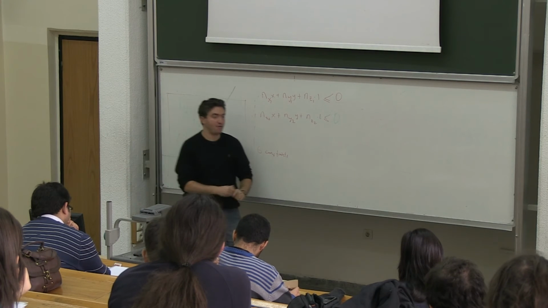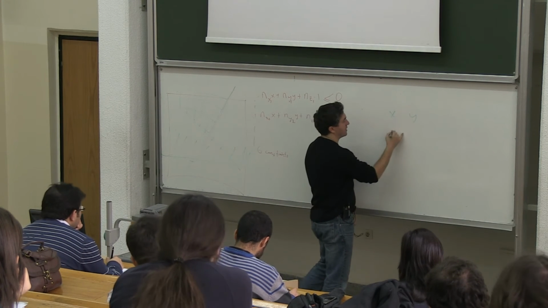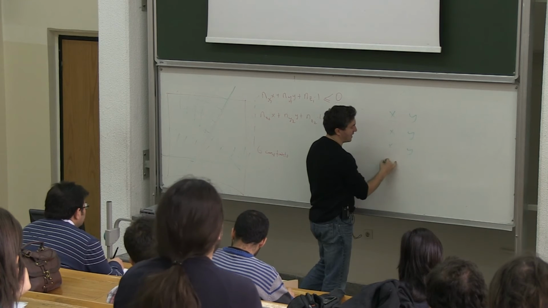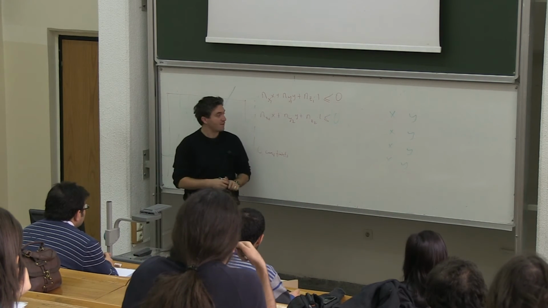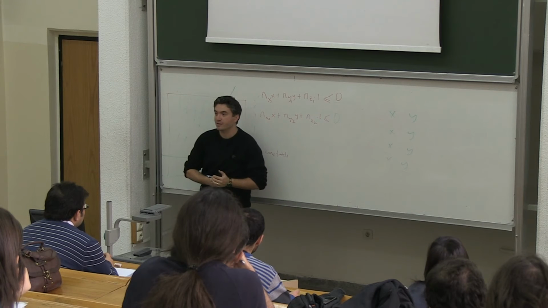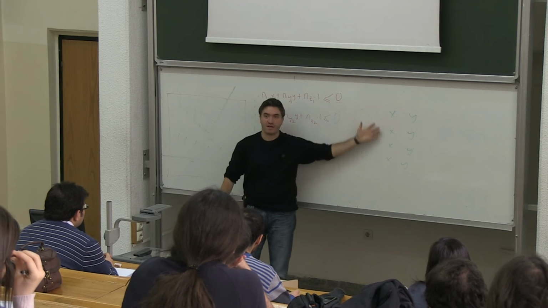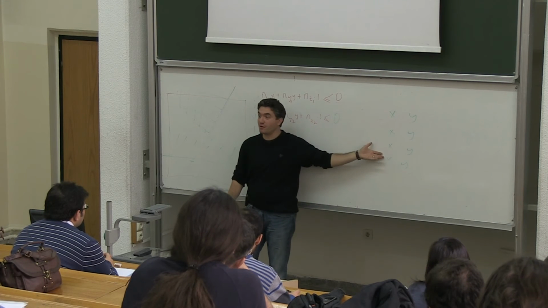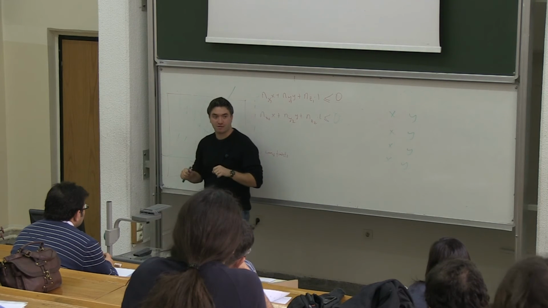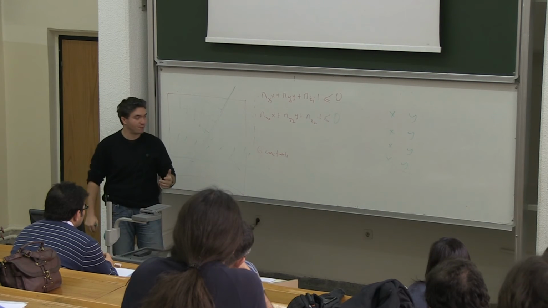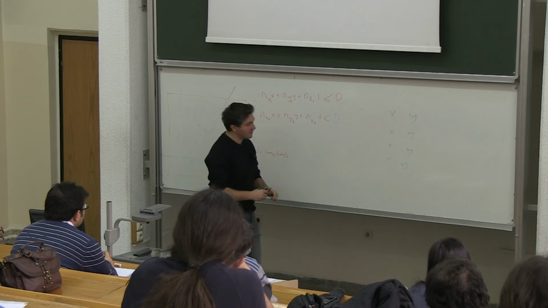For example, out of all the x y's, the directions that satisfy these 6 constraints, if many of them satisfy them, which one do you prefer most?